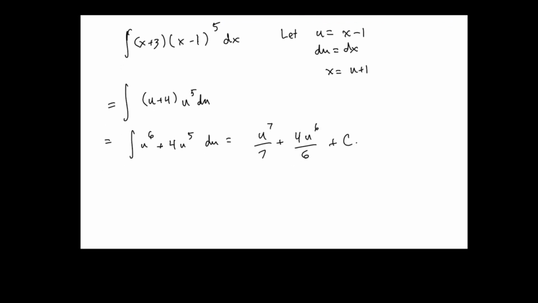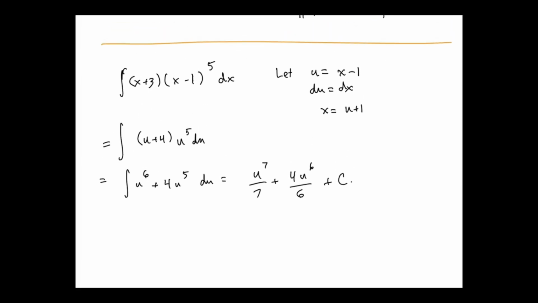Good. Now, this trick can be used in other situations where you might think that all hope is lost. So let's look at this. There are actually two ways we could do this problem. So the previous problems, the whole issue was that we wanted to distribute, but we couldn't.